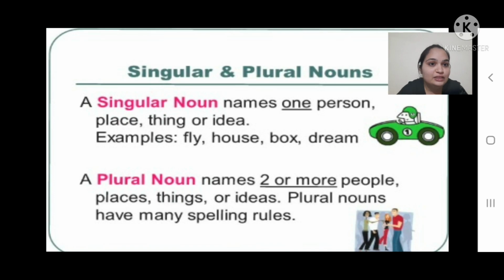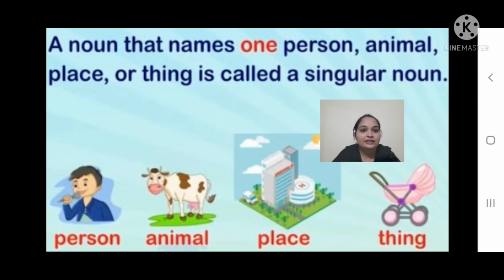So let us know singular and plural nouns one by one. First, let us know what are singular nouns. A noun that names one person, one animal, one place or thing is called a singular noun.